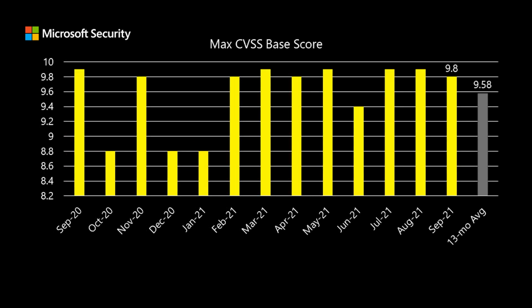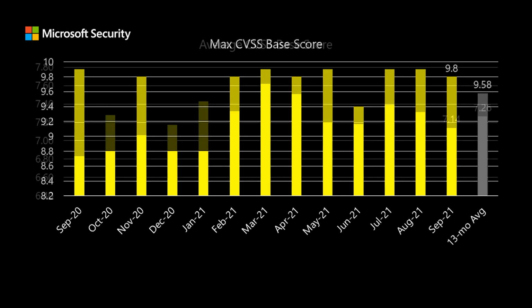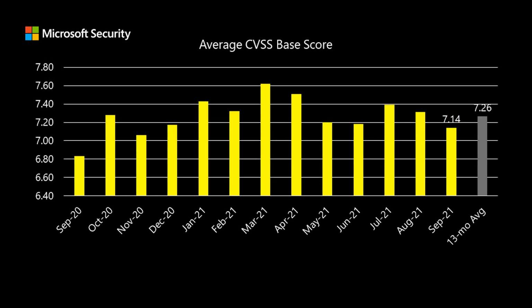When we look at the highest scored vulnerability this month, we see a vulnerability rated at 9.8 on a scale of 10, so elevated, almost as high as it can get. Our average over the past year or so has been 9.6. The average score across the entire release is 7.14, right in line with our average of 7.26.